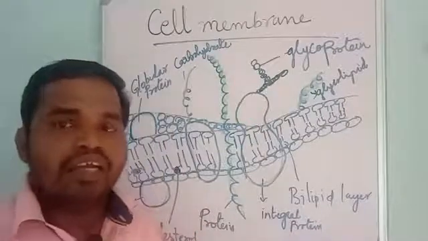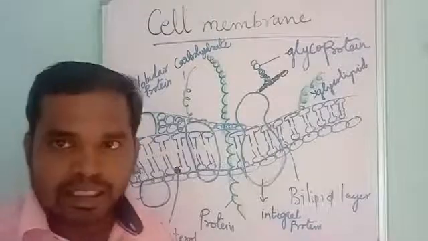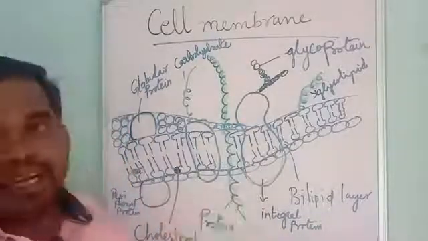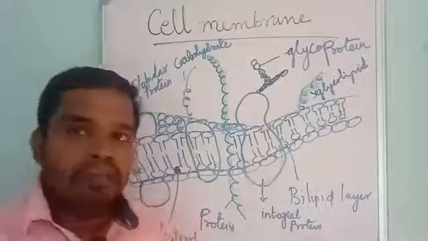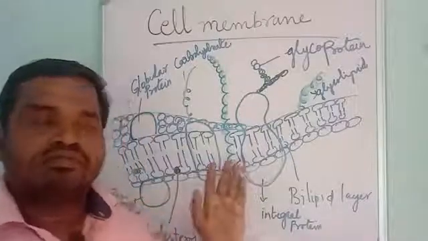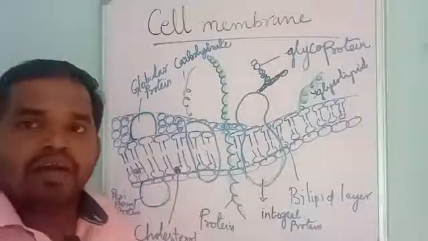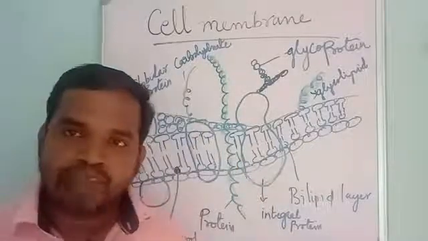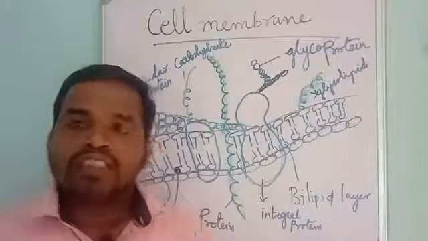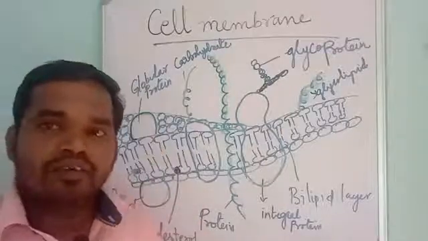They studied it in the red blood cell obviously, and they came to the conclusion that the plasma membrane is made up of a bi-lipid layer. The plasma membrane is made up of a bi-lipid layer. Okay, two layers of lipids. Clear? So it has head regions as well as tail regions.